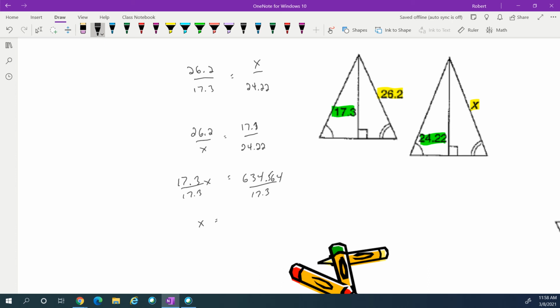Since we can only be accurate to the tenths, we're going to have to divide here and round. So 36.7. We can only be as accurate as our least accurate number that we're working with. So our least accurate value is to the tenths, then our answer can only be correct to the tenths.